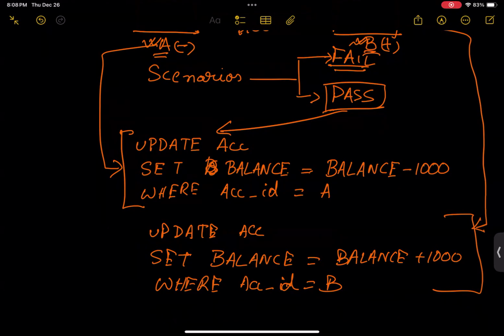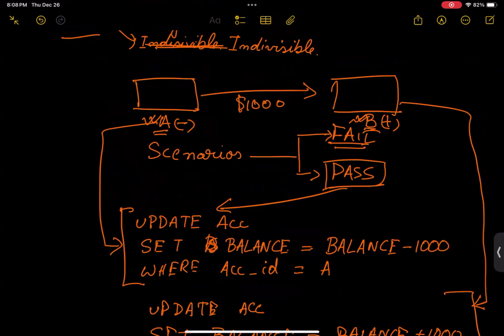If the system crashes after deducting from the source account and before adding to the checking account, what I'm trying to say is that there is a power failure over here, right? It is now in between.